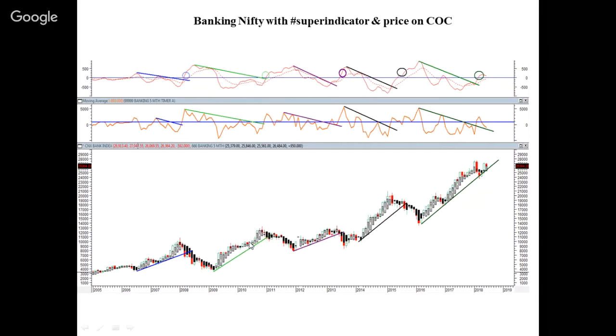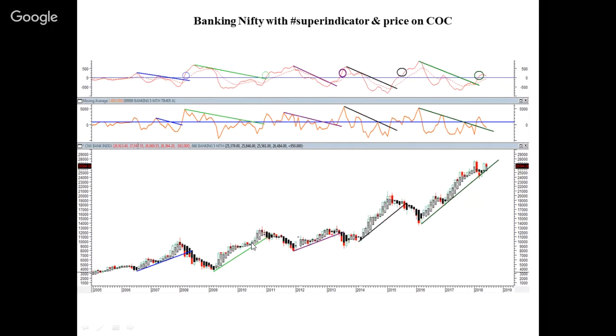And of course, this is only one of the features of the super indicator. It also tells you when exactly the large move is going to come. At that point of time, you can really add substantially or maybe even pyramid your positions because your stop loss levels are very low.